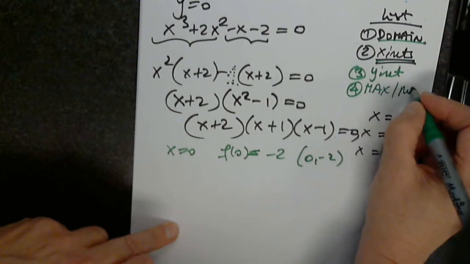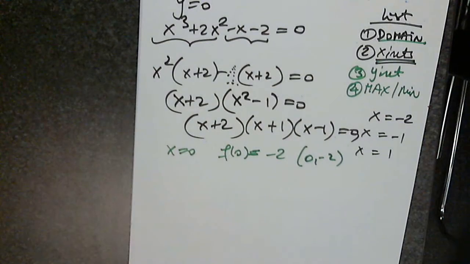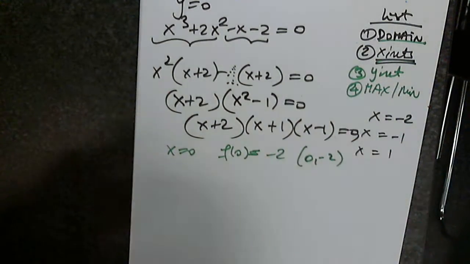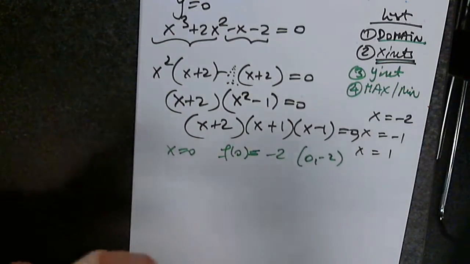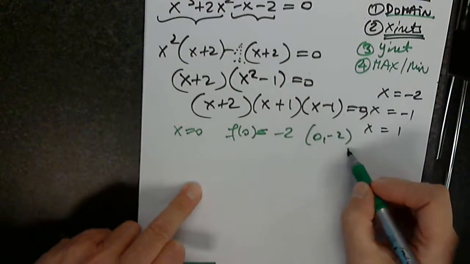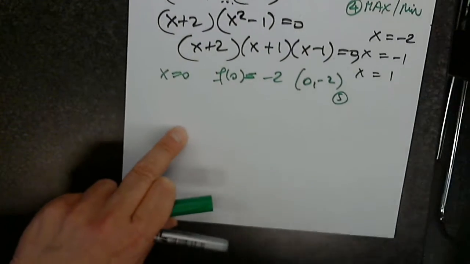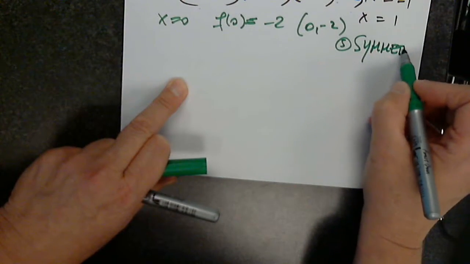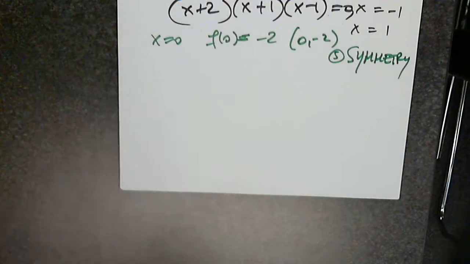Max, min. This part I cannot do without a calculator, but I know it has to be on the list. Step number 5. I ran out of room. Step number 5. Symmetry. How do I check the symmetry?